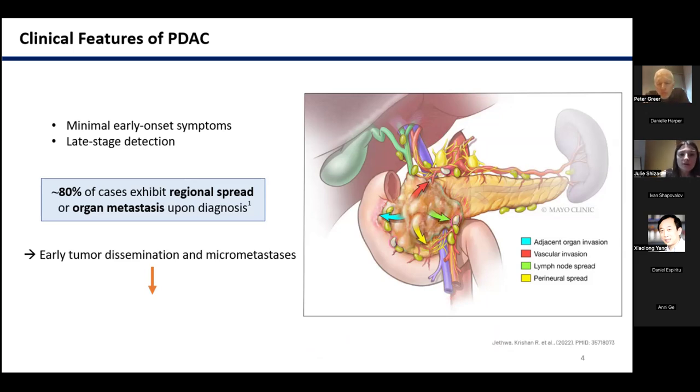So all 4 of these mechanisms lead to early tumor dissemination and micrometastases. So even when these primary tumors are resectable, unfortunately, there is a high recurrence rate after surgery. A lot of these patients, even if the surgeons are able to get out as much as possible of the primary tumor, and if there are clear margins, there's a high chance that there's actually micrometastases somewhere else.